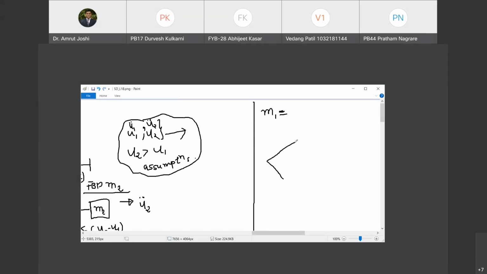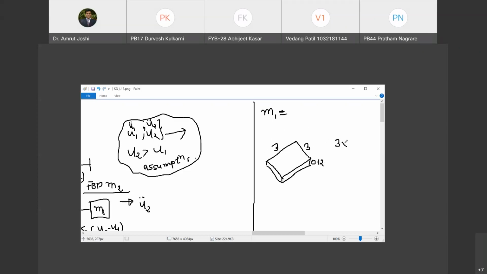So let us assume that this slab is 3 meter by 3 meter. Are you with me? So 3 into 3, and its thickness, let us say, is 120 mm, that is 0.12. So what is the mass of this slab?